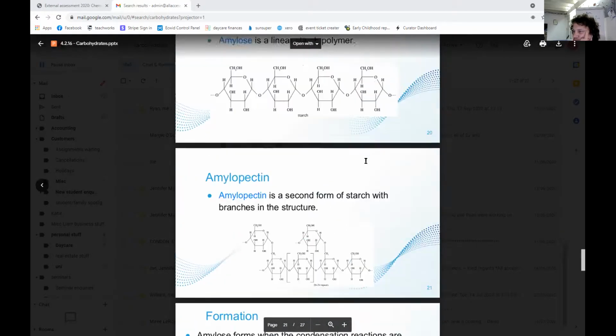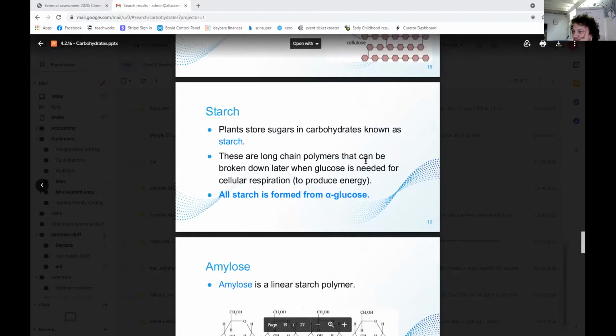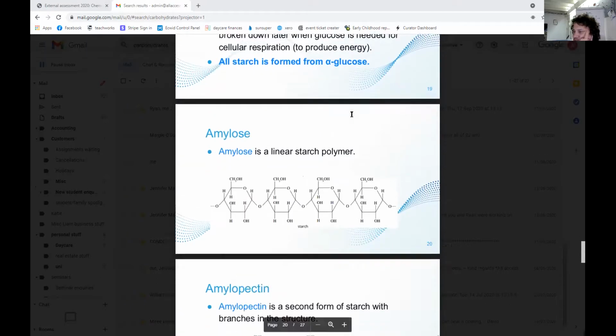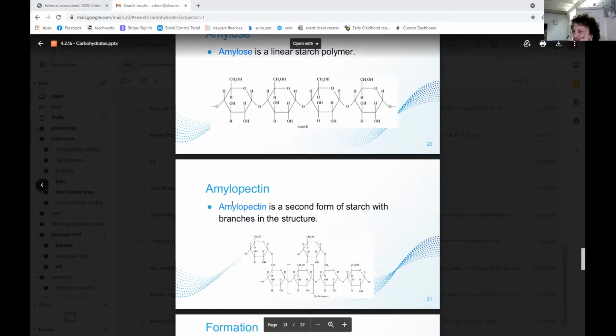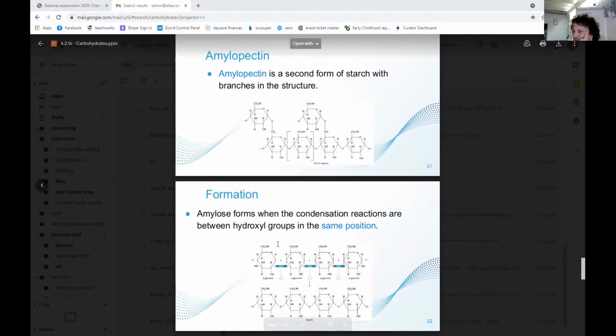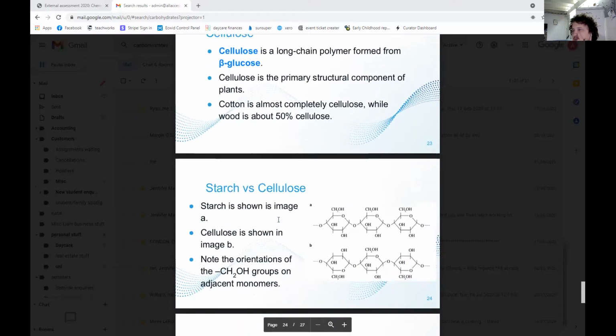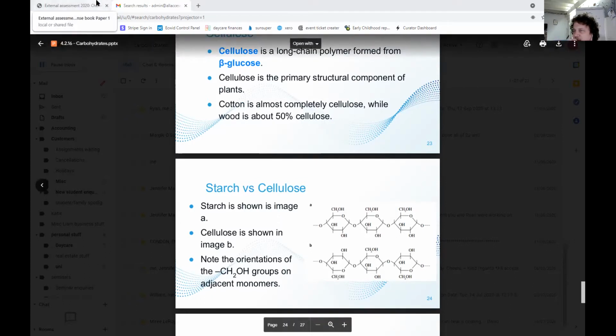So you could look at starch is also, you can have linear, you can have chains, and branches. So when you're looking at this, it's important to have a well-rounded knowledge of all these topics, because the more you can explain, the more likely you are to get better marks.